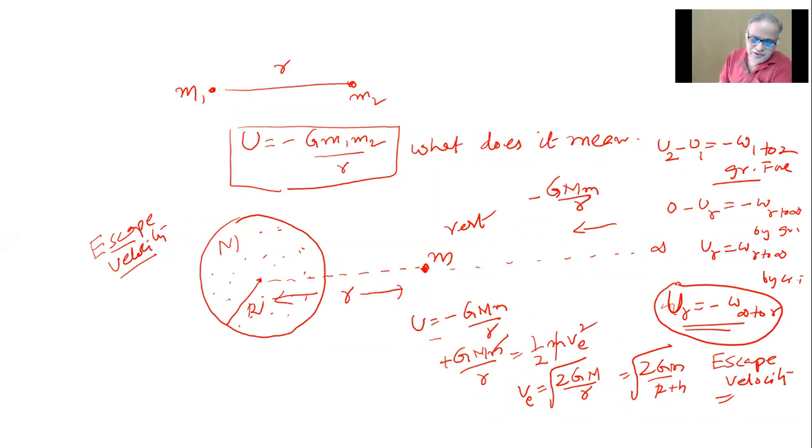As the body is coming towards the center of the earth, until this point, gravity does positive work, isn't it so? Tell me. Yes, sir. Kinetic energy will increase. So gravity is doing positive work, right? That work is GMm by r, but negative of that is potential energy.